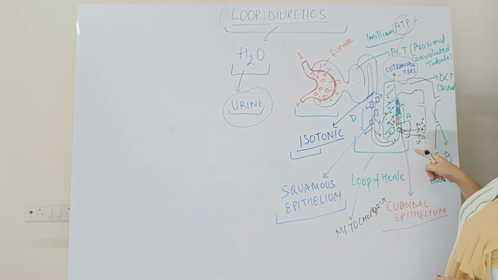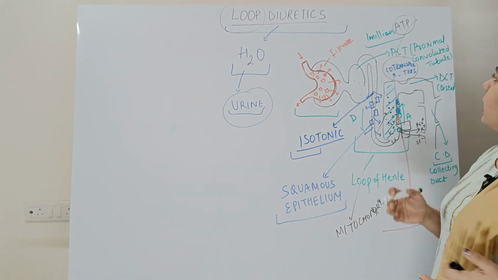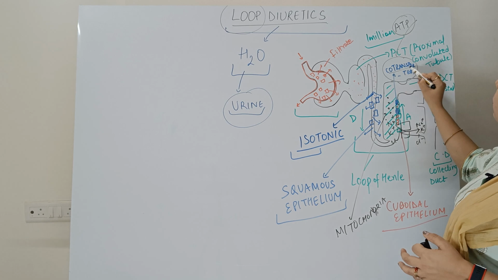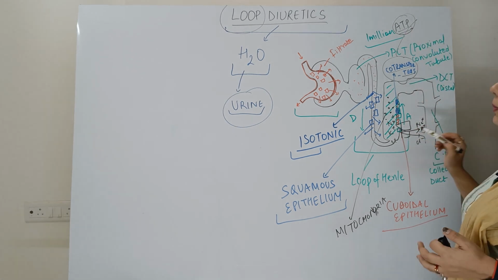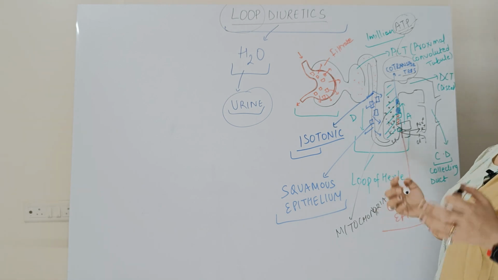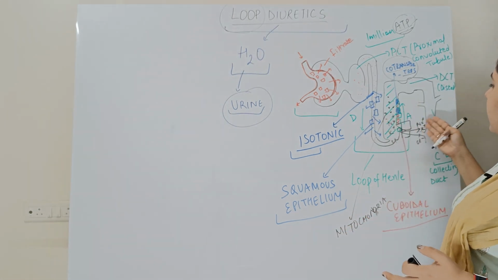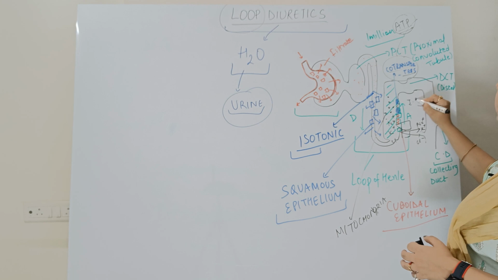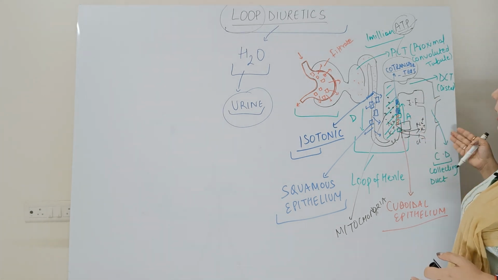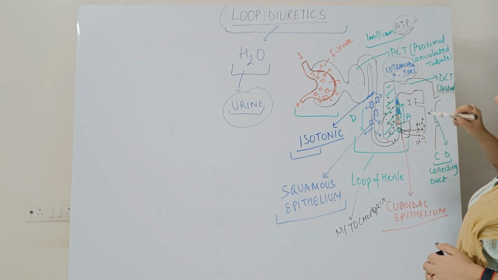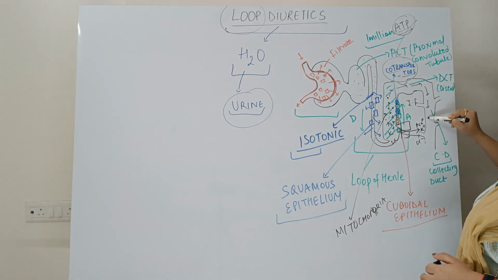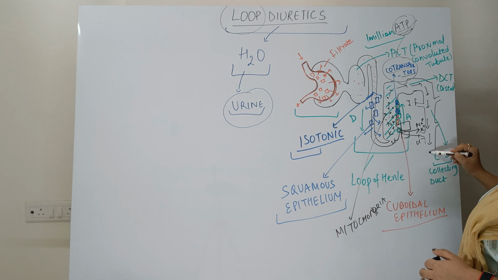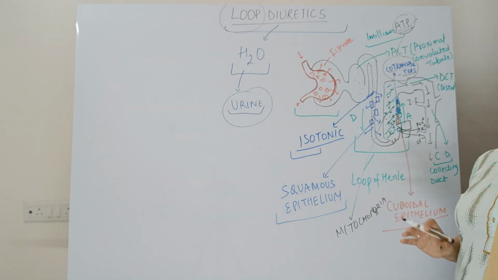This mitochondria generates a lot of energy, and that energy is utilized by these co-transporters for triggering the sodium-potassium-chloride co-transporter pumps, and they allow the exchange of ions into the interstitial fluid region, and this is how easily the ions are lost here. Then water moves up here, and through the collecting duct it is formed as urine. So this is the normal physiology.